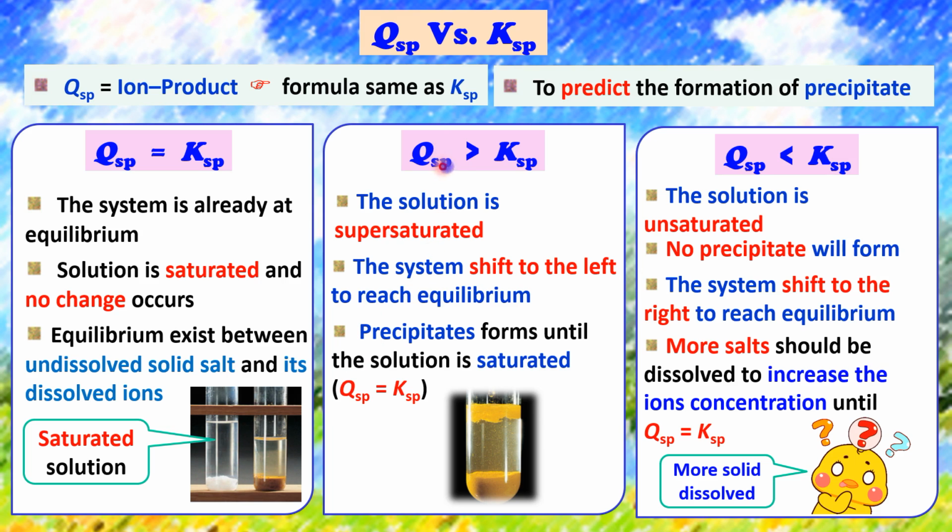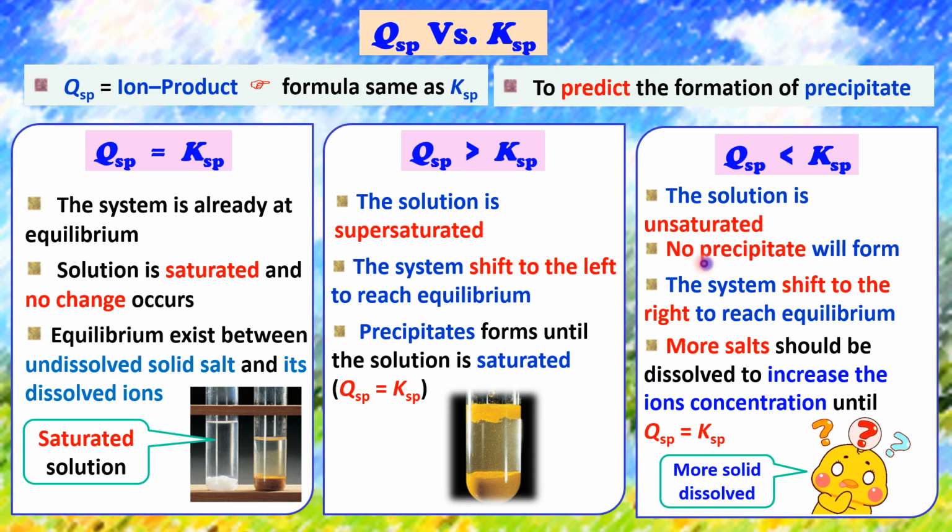Okay, so if QSP is bigger than KSP, the solution is supersaturated. Which means the system shifts to the left to reach equilibrium. So precipitate forms until the solution is saturated. Okay, until the value of QSP is equal to KSP. Okay, alright, so if QSP is smaller than KSP, which means the solution is unsaturated.